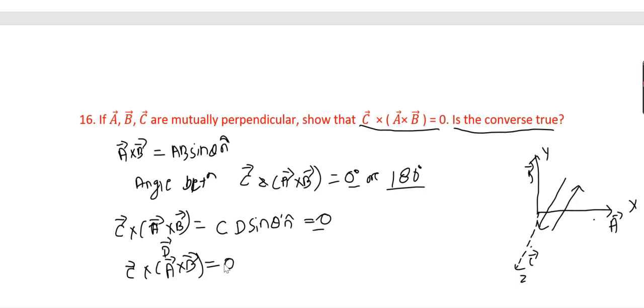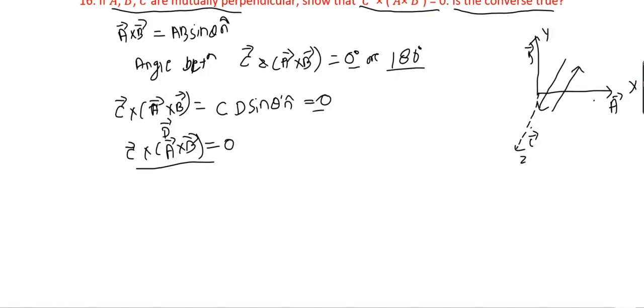Now you have to show its converse: if this is 0, are these vectors mutually perpendicular to each other or not? So how do we prove it? Let this be given.